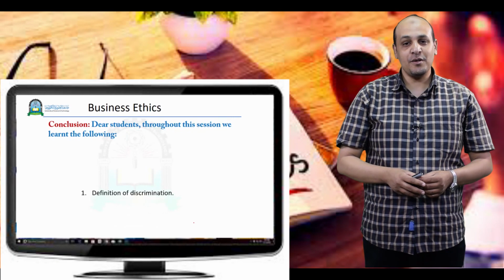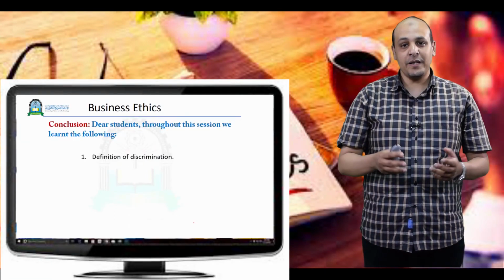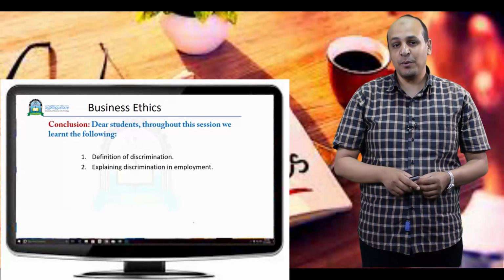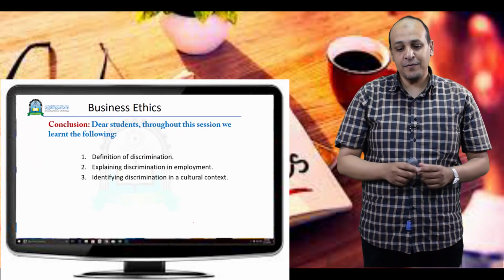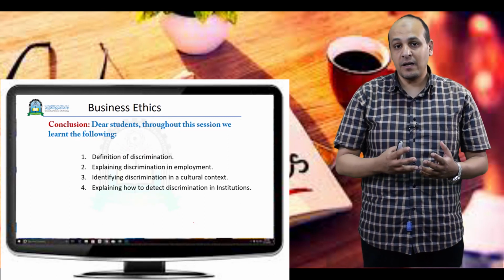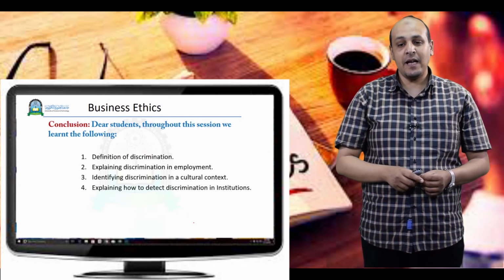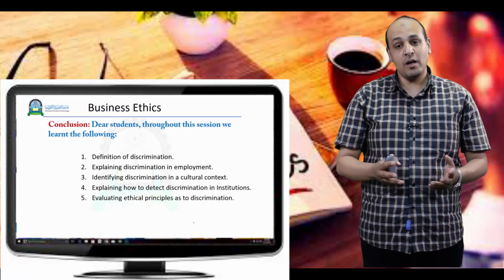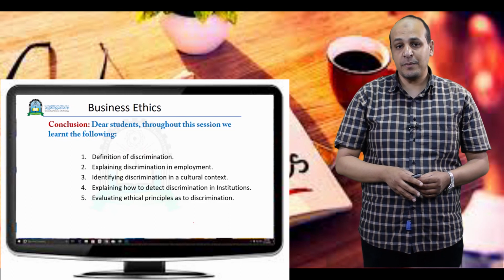So by this, dear students, we come to the end of our topics in which we define the word discrimination. We explain discrimination in employment. We identify different concepts referring to discrimination in cultural context. We explain how discrimination is detected in institutions. We also evaluated ethics as to discrimination.